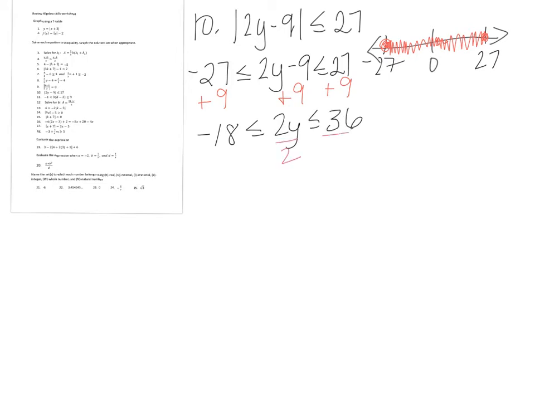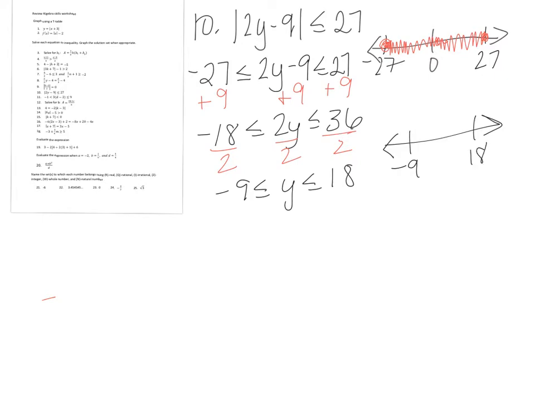Divide by 2. Whatever I do to the middle, I do to the right, I do to the left, and I get negative 9, less than or equal to y, less than or equal to 18. So we get negative 9, positive 18, greater than or equal to. Now remember, this is the final answer.